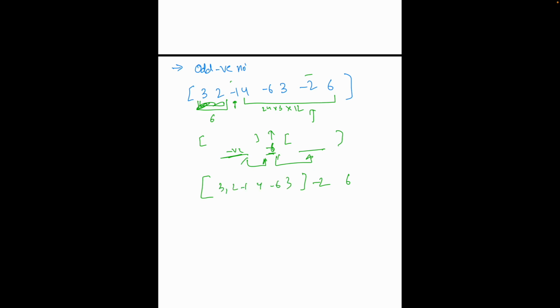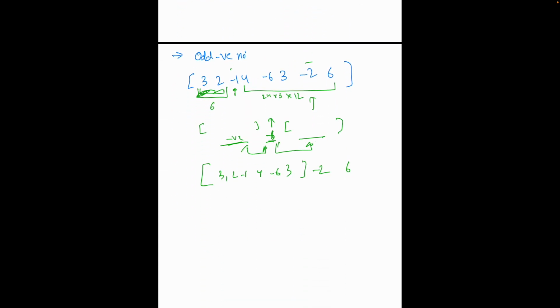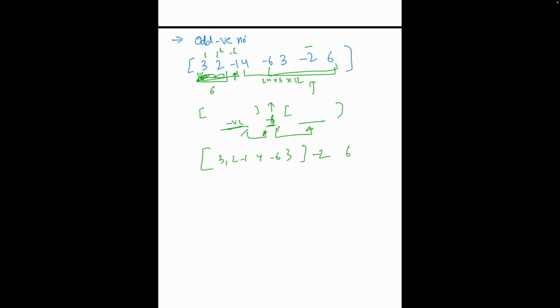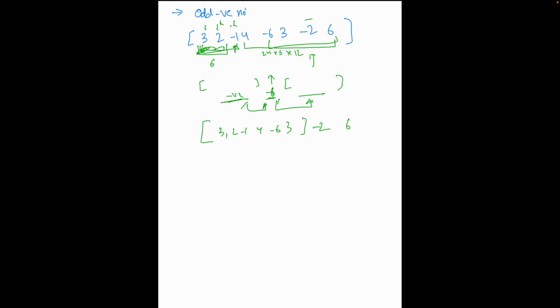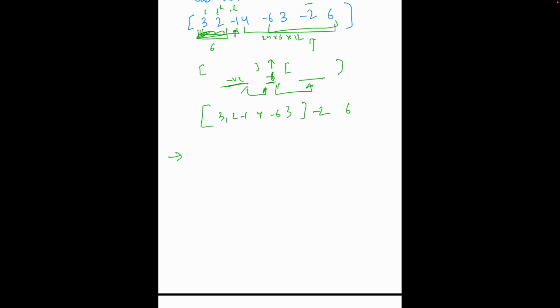So basically what I'm trying to catch in all these examples is a pattern that for every value, if we know the prefix and suffix value of multiplication, then at every index we can decide what's going to be the maximum product.